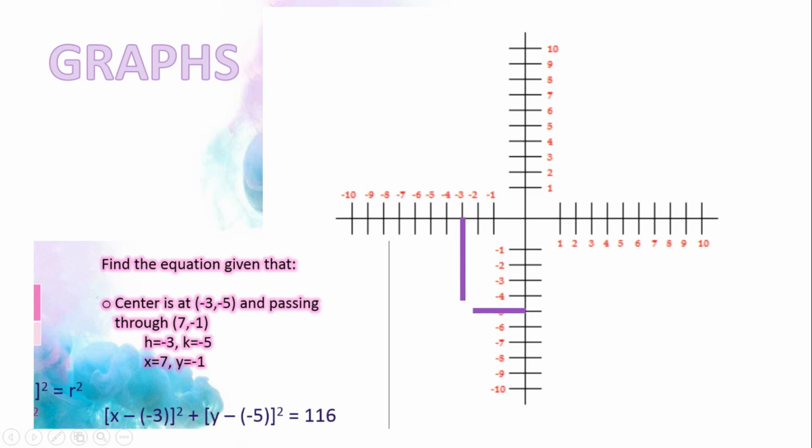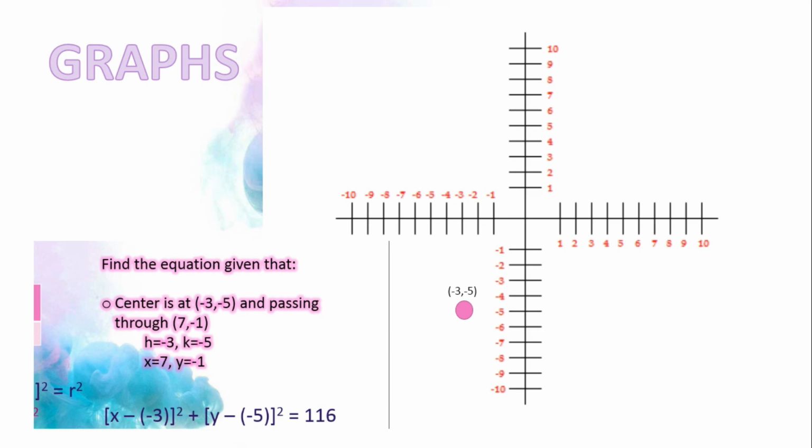Negative 3 and negative 5. Negative 3 is on the x-axis, the horizontal, and the y is negative 5, the vertical line here. So that is the center of the circle.